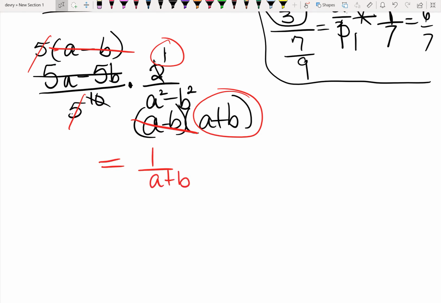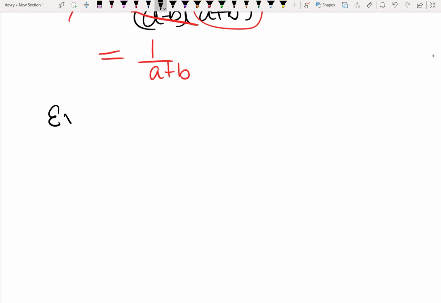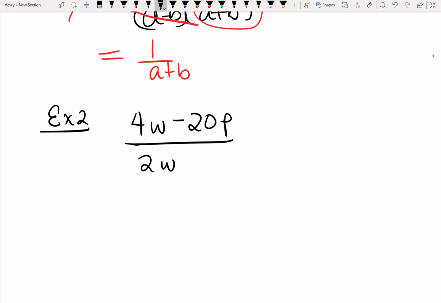Alright. Example 2. In example 2, here we have 4w minus 20p over 2w squared minus 50p squared.